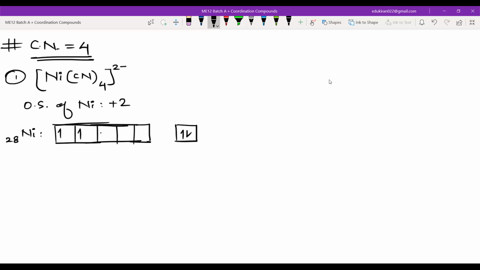Now for Ni2+, what do I have to do? I have to remove these electrons.